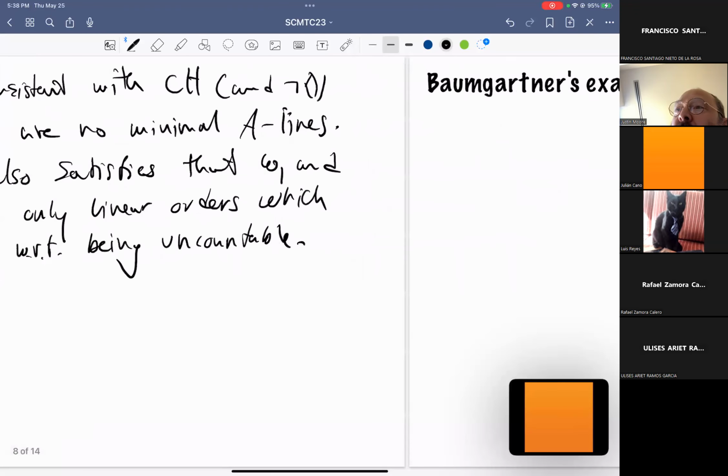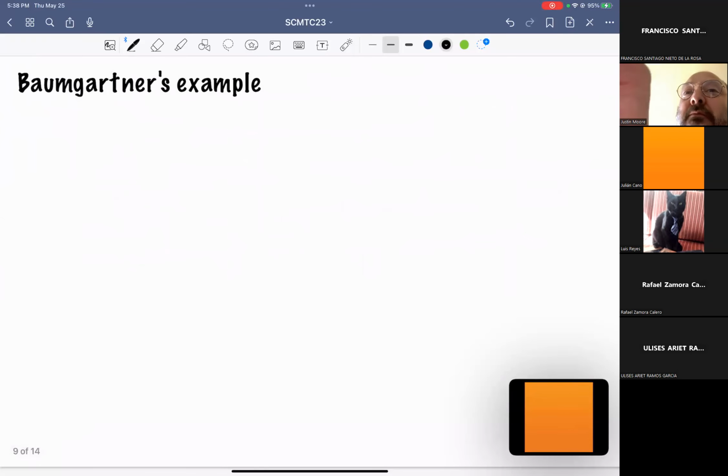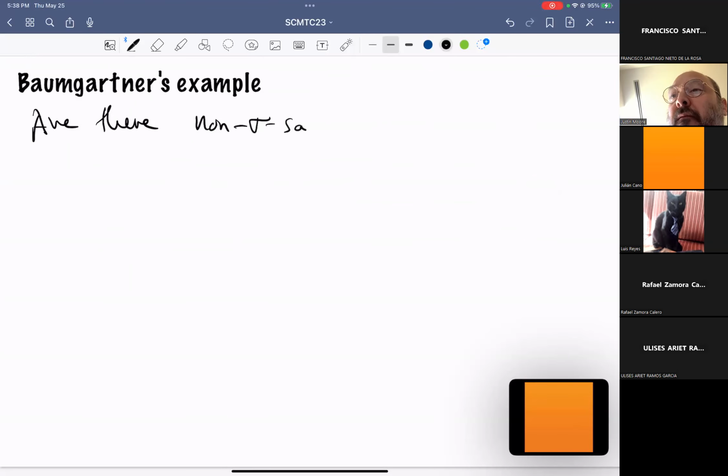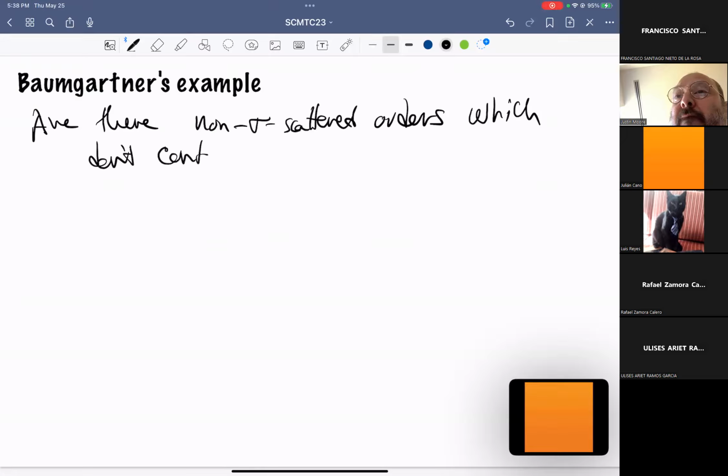So that brings us to Baumgartner's example. Are there non-sigma scattered orders which don't contain real or Ehrenstein types?